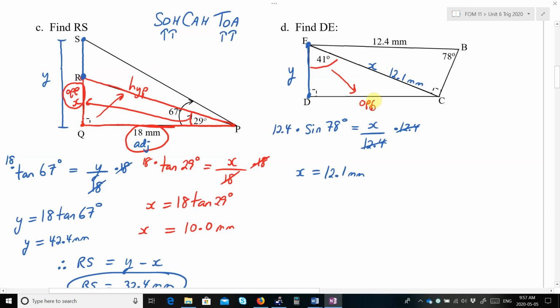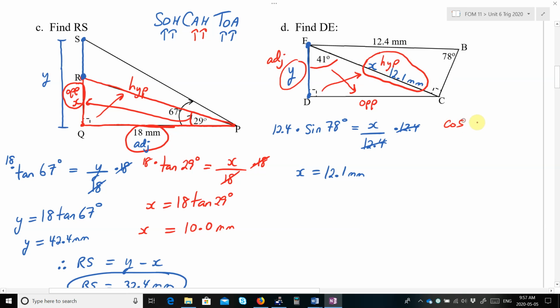So this side is the opposite. Across from the 90 is the hypotenuse. And we are looking for y, which is the adjacent. So this time we are looking for adjacent, and we have hypotenuse, that comes from cos.